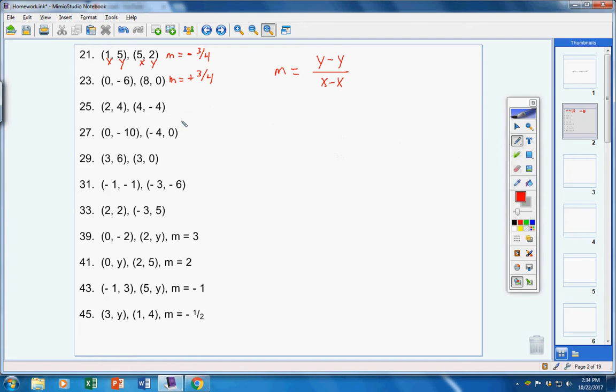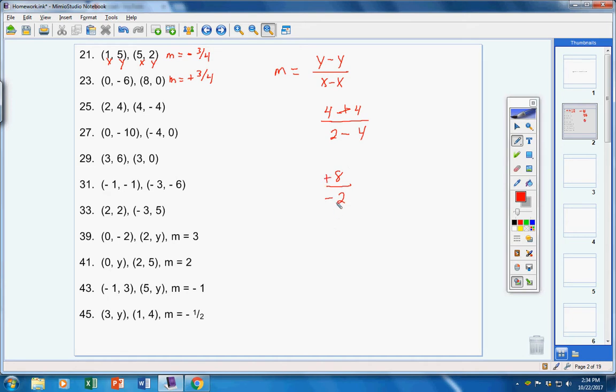Alright, let's find the slope of number 25. My first y is 4 minus my second y is negative 4. My first x is 2, and then minus, and my second x is 4. So 4 minus negative 4 is 4 plus 4, that's 8. 2 minus 4 is negative 2.